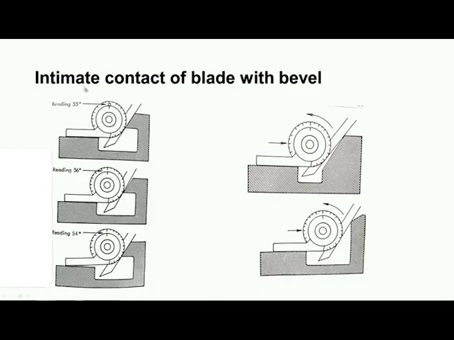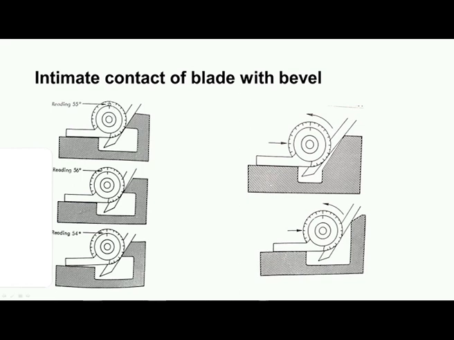Now, another important thing when we use protractor is there should be intimate contact between blade with the beveled surfaces. You can see here this is the sliding blade, and this is the blade which is fixed to the body. The surface of the fixed blade and the sliding blade should contact the surface of the workpiece intimately, then only the proper reading can be taken.